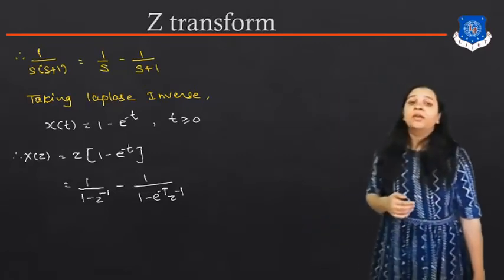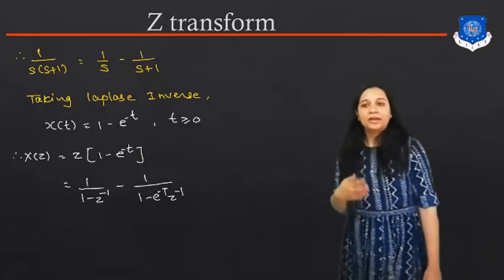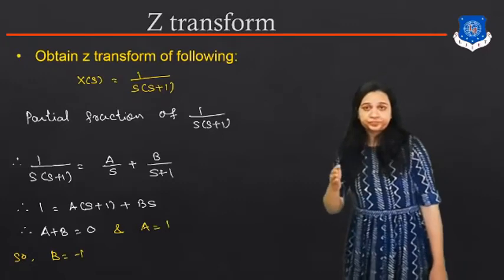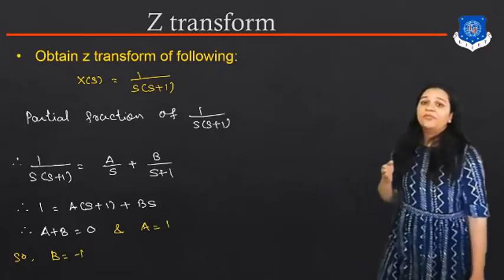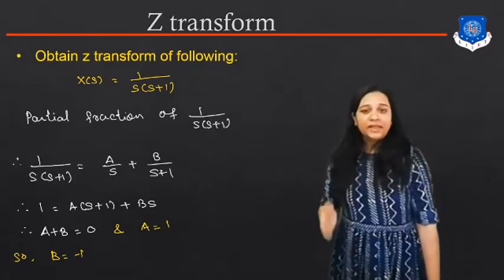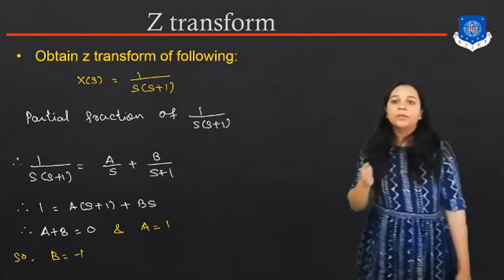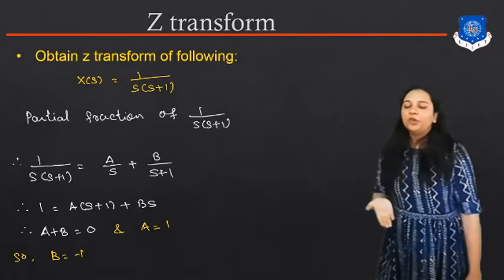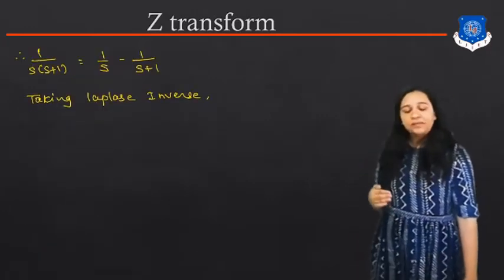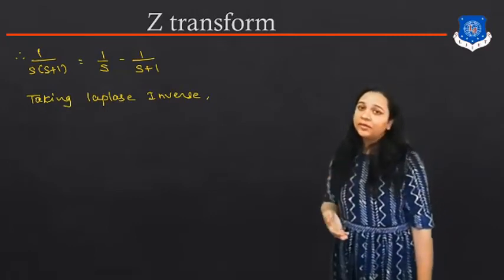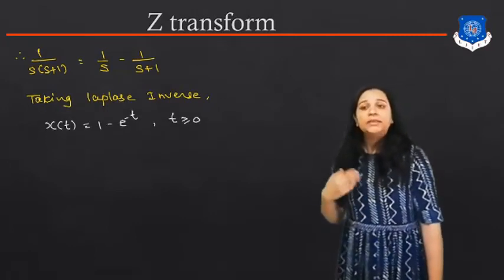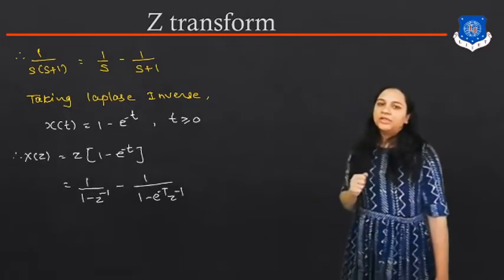So whenever we deal with different transfer functions, what is the method? First of all, we have to do partial fractions of this transfer function or the equation. Then we have to find the values of A, B or C. Put the values of A, B, C in this equation and then compulsorily take the Laplace inverse. So we get the equation in the form of t and then we have to convert into the z transform.